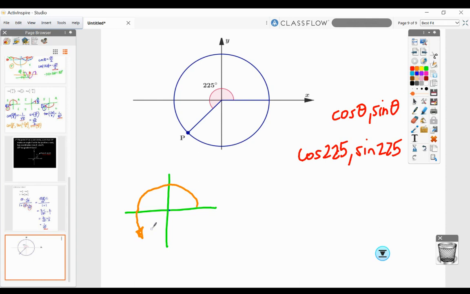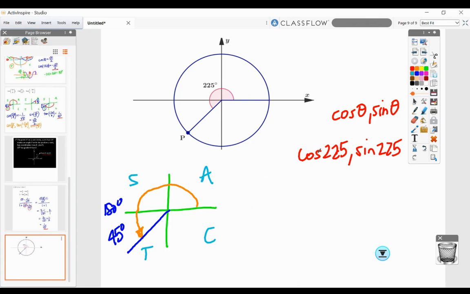So it's going to make this angle here, which is 45 degrees past 180. So it makes an angle of 45 degrees with the x-axis. Let's write out CAST again. C-A-S-T.